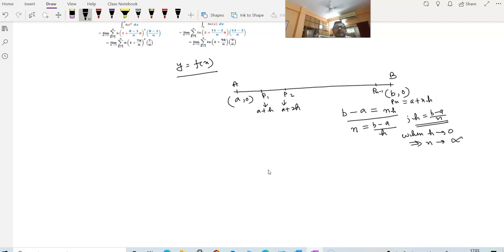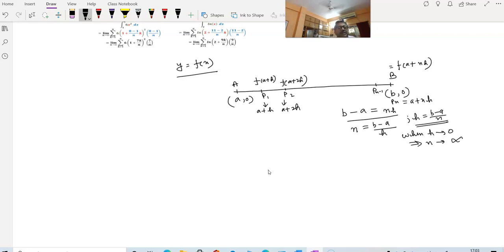Now the function is y equal to f(x). The functional values here will be f(a plus h), f(a plus 2h), and f(a plus nh), and that nh is going to be b minus a.